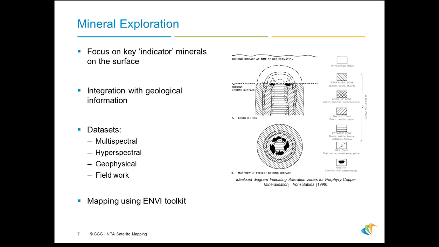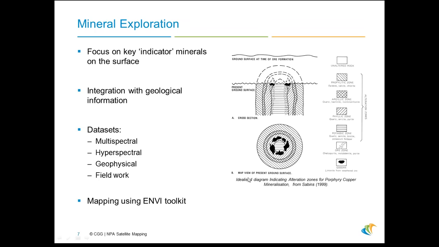What we are essentially detecting are the indicator surface minerals, which will tend to exhibit a zonation pattern, depending on the deposit style, which can help us indicate the presence of a potential ore body, which can then be followed up in the field. And you can see this from the diagram on your screen now, with the different zoning patterns and concentric circles away from the ore body, which is in the center.